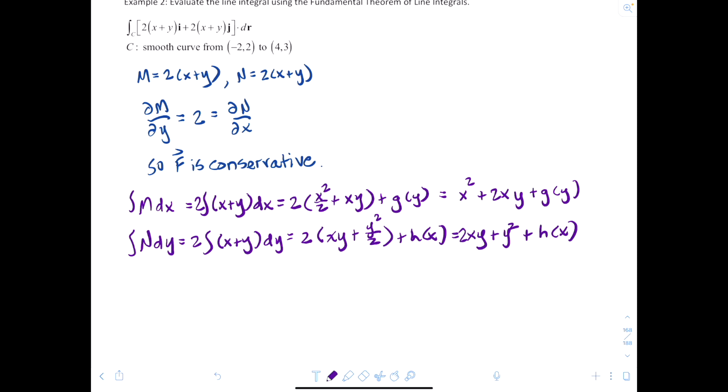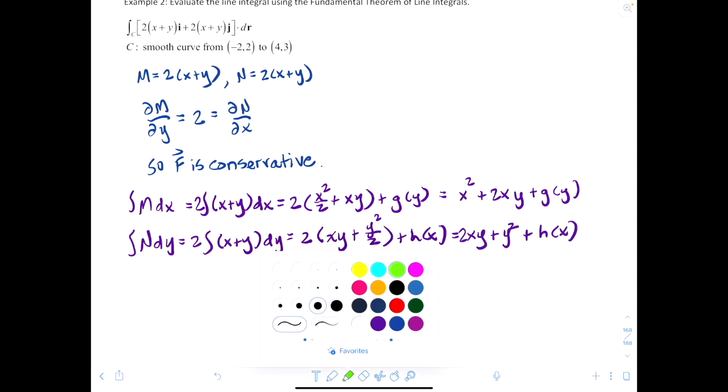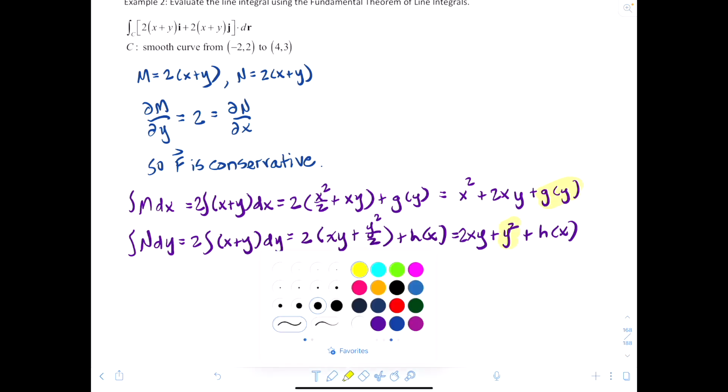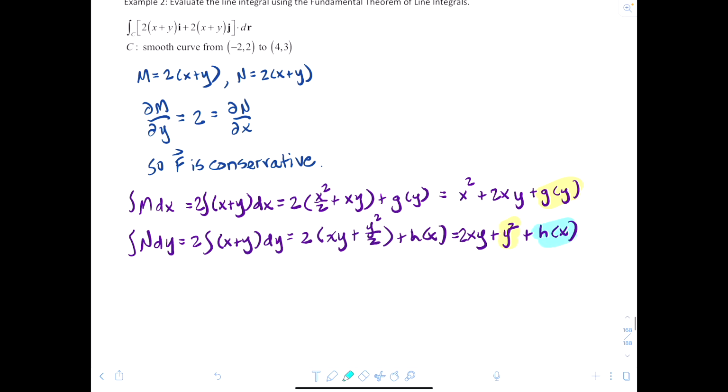Well, do you see that the g of y would end up being y squared, what we got in that second one, and the h of x would be the x squared from that first one.